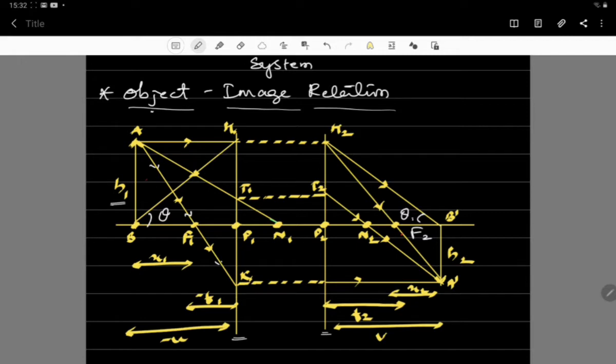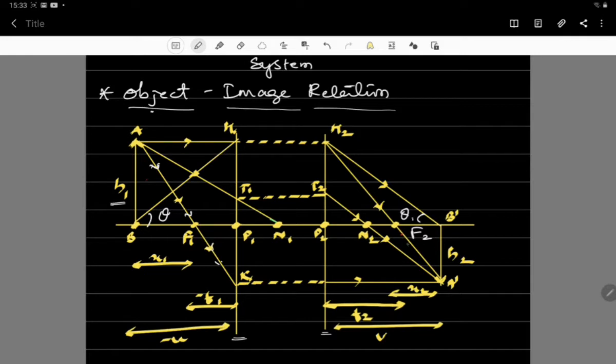Similarly another ray comes from the bottom of the object, hits H1, and we get the emergent ray from H2. Another ray passes through the nodal points and emerges out from the other nodal point, and finally another ray passes through the focal point and emerges parallel to the principal axis.